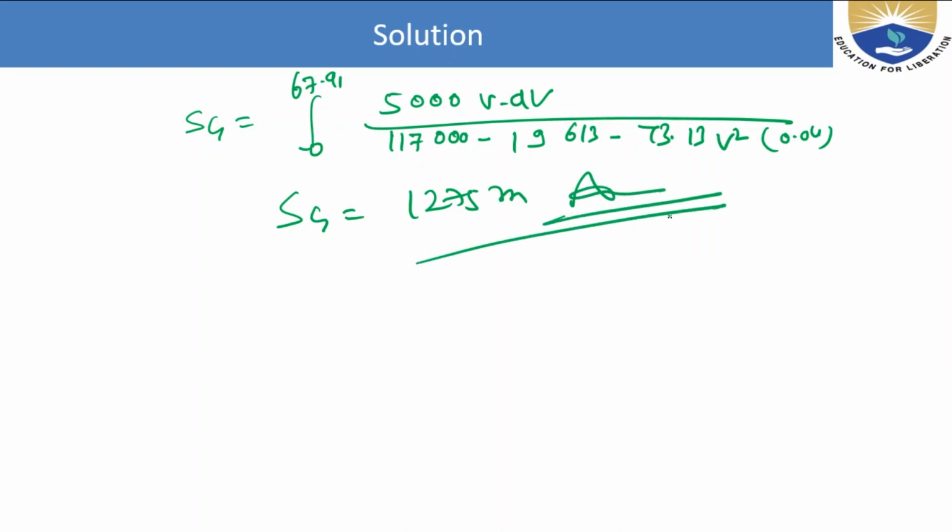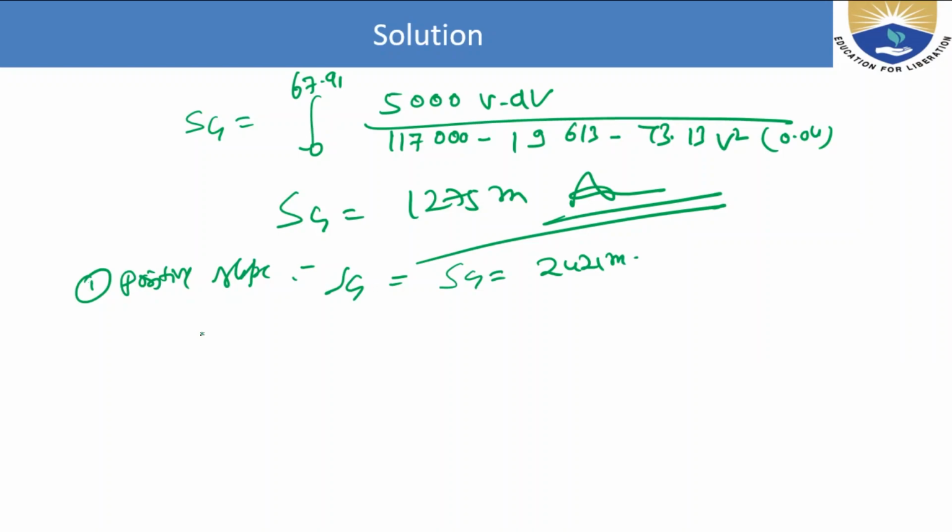So this is the answer for the problem which we have just now understood. And if we talk about the positive slope, then Sg you have to find out. In the same way you calculate, and you will get 2421 meter.